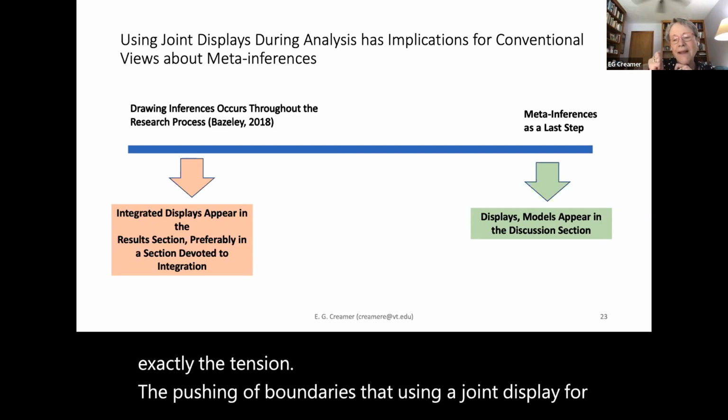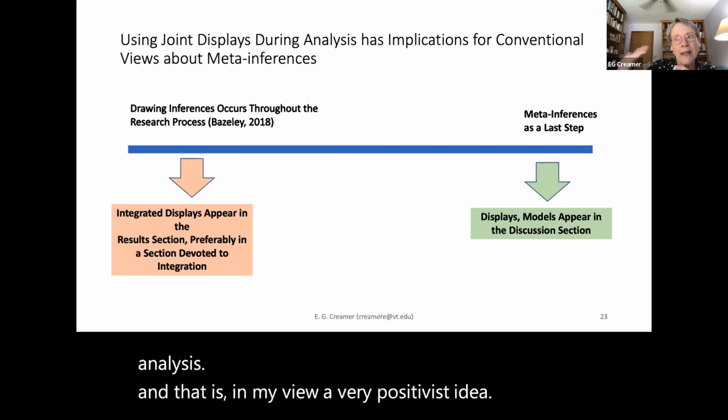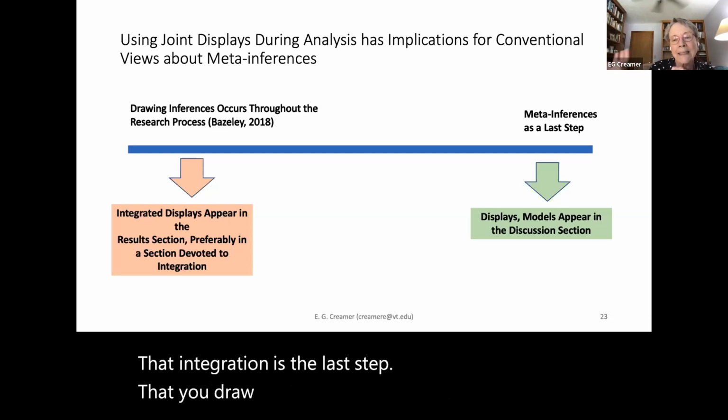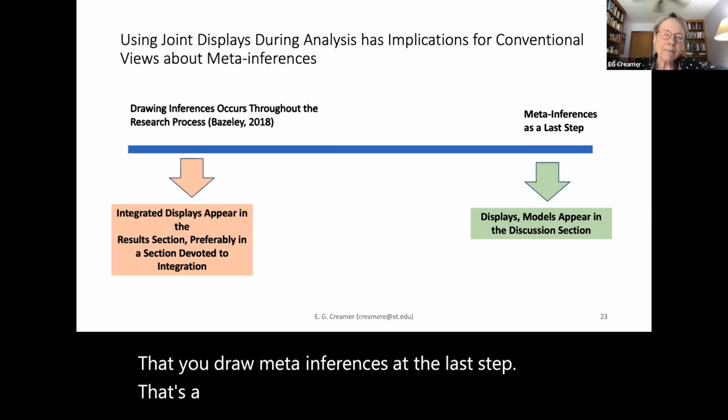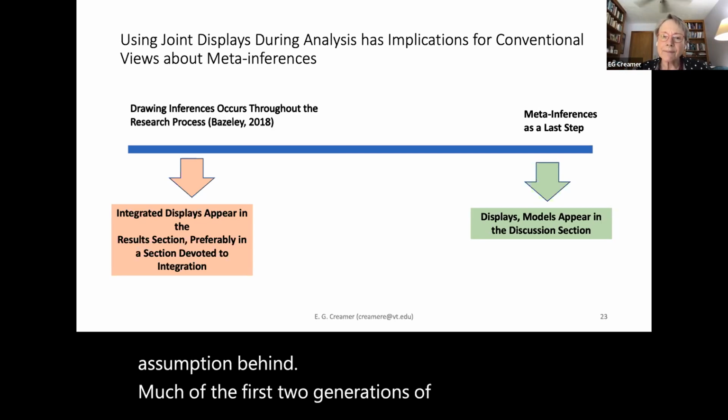And that is, in my view, a very positivist idea: that integration is the last step, that you draw meta-inferences at the last step. That's a hardcore assumption behind much of the first two generations of mixed methods literature.